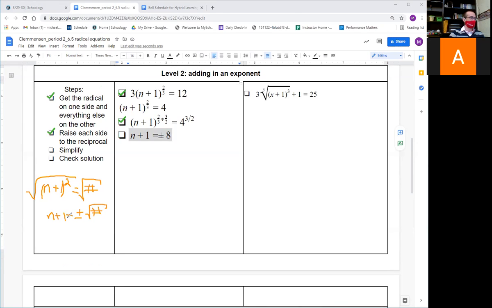I have to do the same thing whenever I have an even power up here. So whenever this is an even exponent, add plus minus. All right, so whenever I have that even exponent up top, you're going to need to add that plus or minus. Since this one is odd, I don't need to.